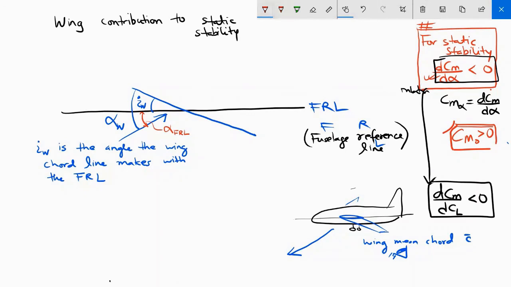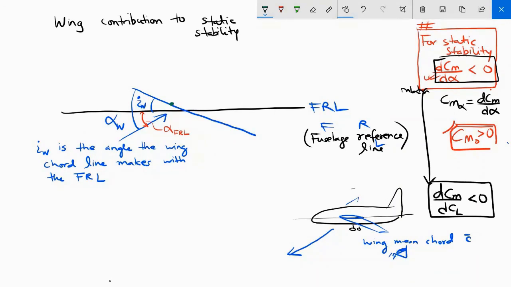A few other things I want to label. Let's say that the resultant aerodynamic force acts at this point on the chord line. The point where this resultant aerodynamic force acts is called the aerodynamic center, right?